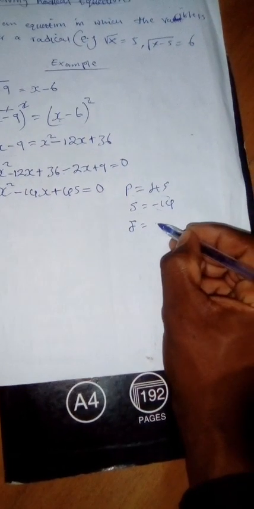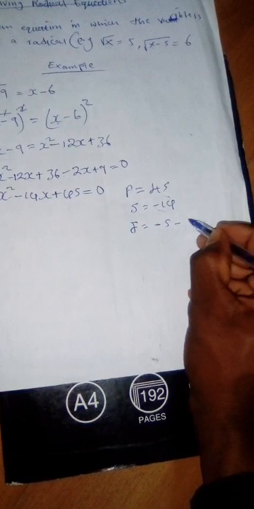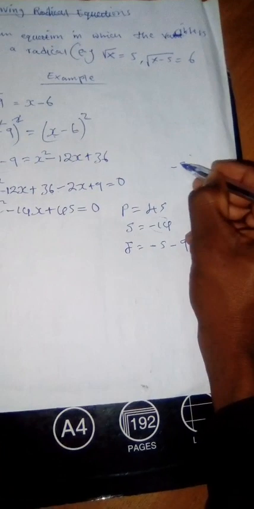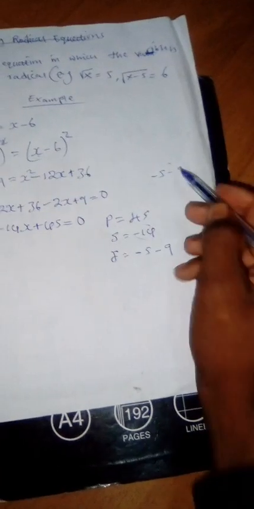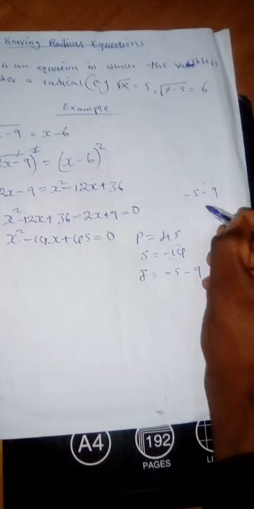Let's try negative 5 and negative 9. Since both have the same sign, we add them and get negative 14, and when we multiply them they give us positive 45.